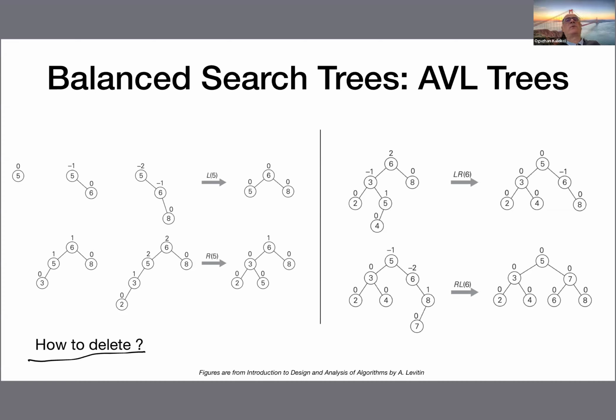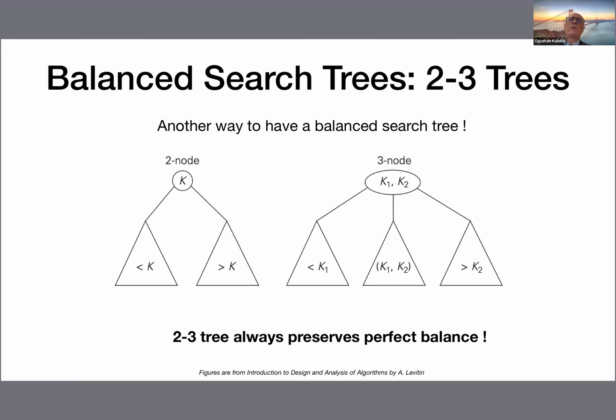This modification says that, in a binary search tree at a node, you can have only a single value, right? And that single value just splits all the data according to that value. Less than this value, they go to the left, and greater than this value, they go to the right. So we call this a two node.